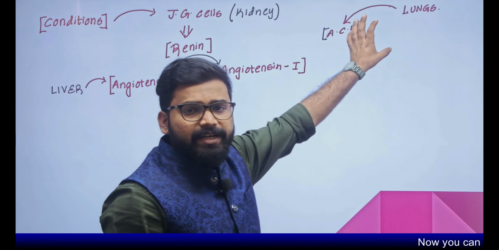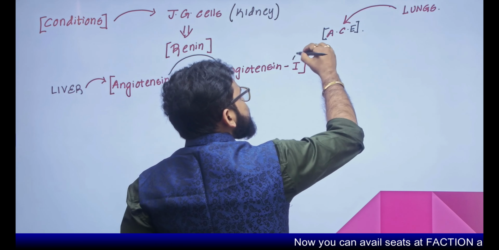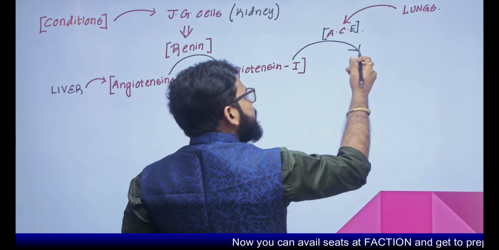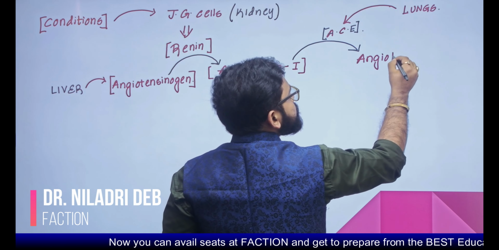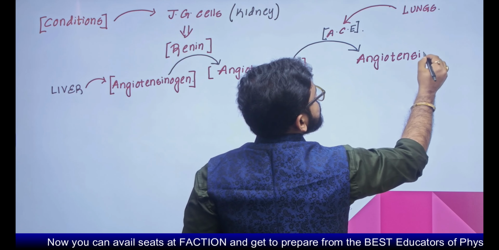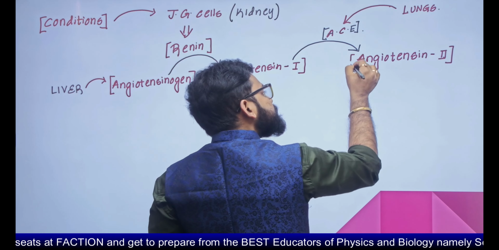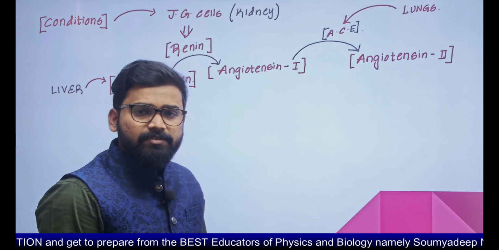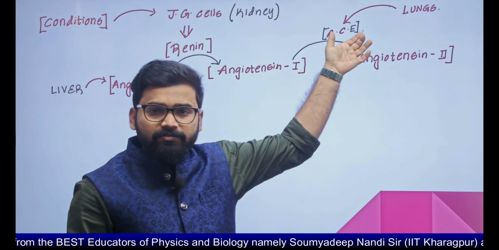ACE abbreviates as angiotensin converting enzyme. This converts angiotensin 1 into another form called angiotensin 2, or the angiotensin second. This converts angiotensin first into angiotensin second, that is by ACE, angiotensin converting enzyme.